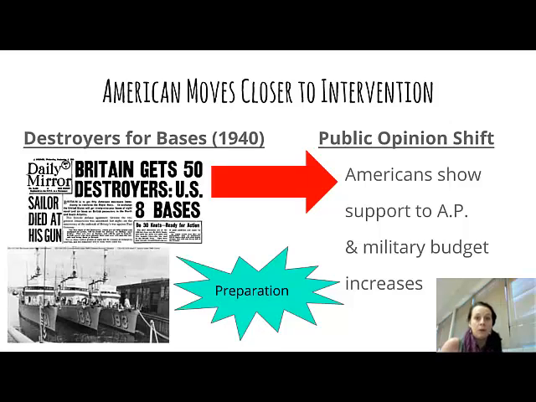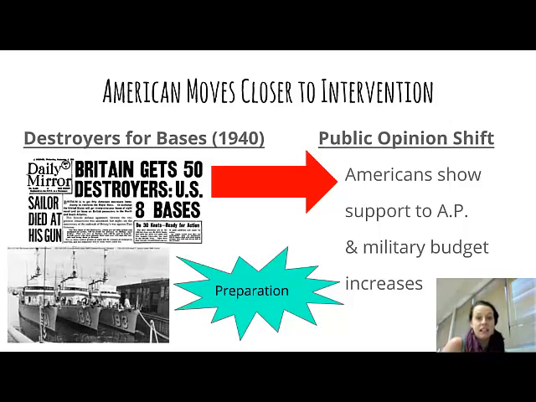And the first example that I can discuss with you is the destroyers for bases policy. Now, this policy allowed Great Britain to actually get 50 United States destroyers. These are Navy ships.